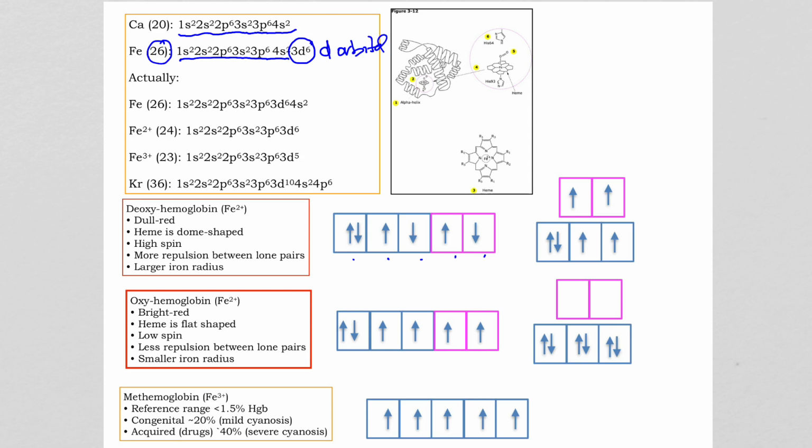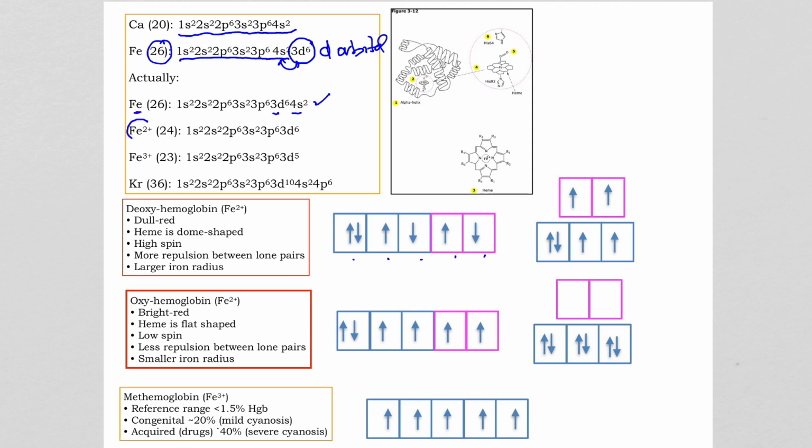So the iron atom has this electron configuration. Usually we write the 3d6 first and then the 4s2, a little switch because of the way the energy of these orbitals are. So that's an iron atom.